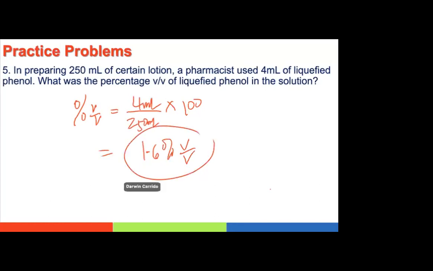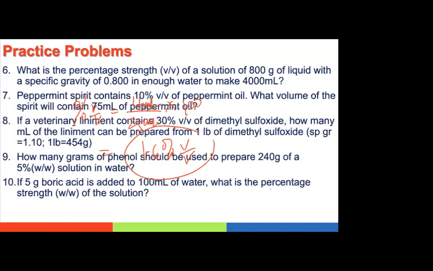Yan. Nakuha? Sige. Another set of problems. I will give you 1 minute or 45 seconds per item. Please answer this. What is the percent strength of a solution of 800 grams of liquid with a specific gravity of 0.8 and enough water to make 4,000 ml?